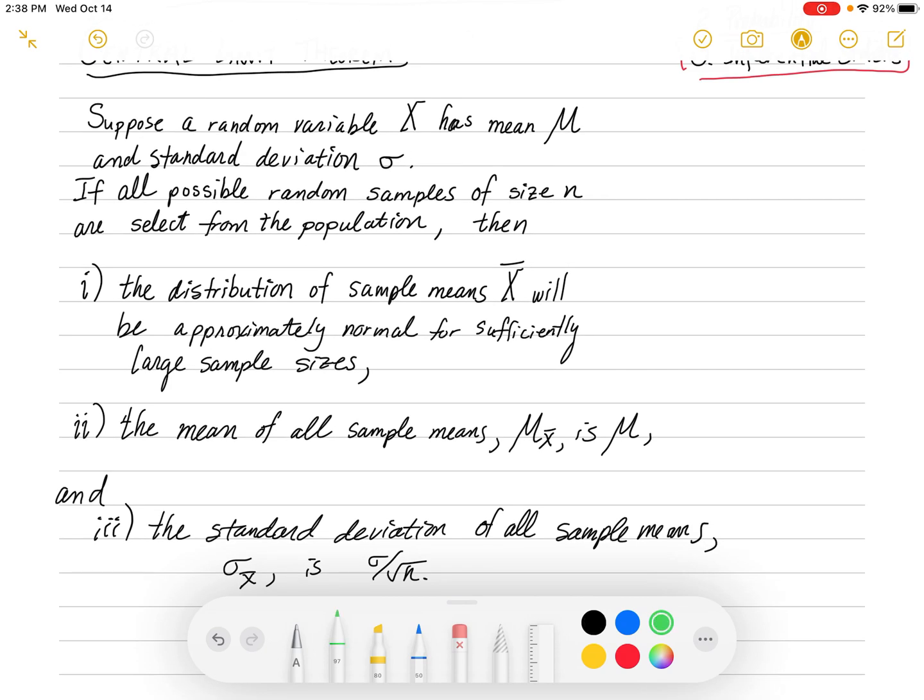Let me say that one more time, just to give an illustration. Let's say you're talking about GPAs. That's our x, our random variable, GPA. Let's say we're talking about GPAs of TWU students.